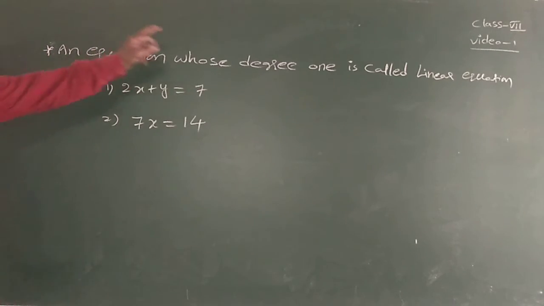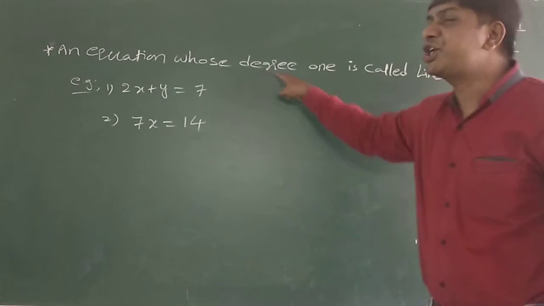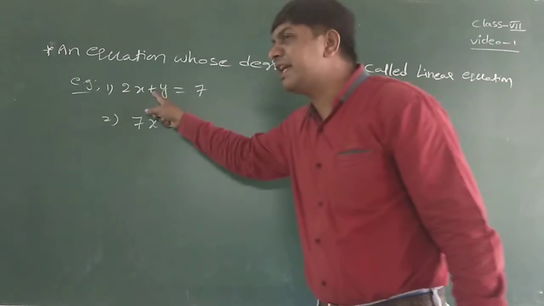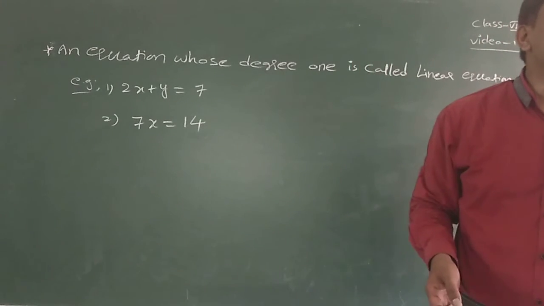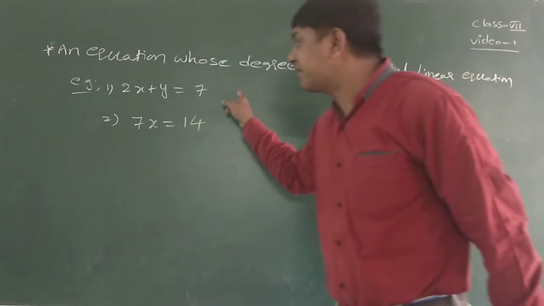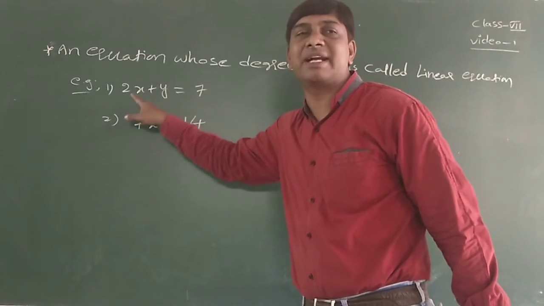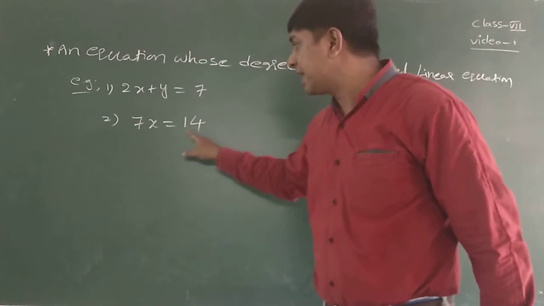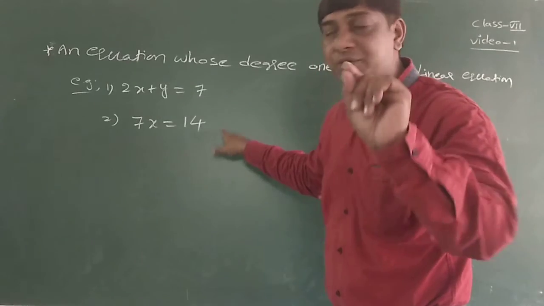An equation whose degree is 1, as per this definition, the degree should be 1. This equation's degree is 1, this equation's degree is 1. So both are linear equations only. But in this first equation, I used two different variables, x and y. Whereas in the second equation, I used only one variable, that is x.